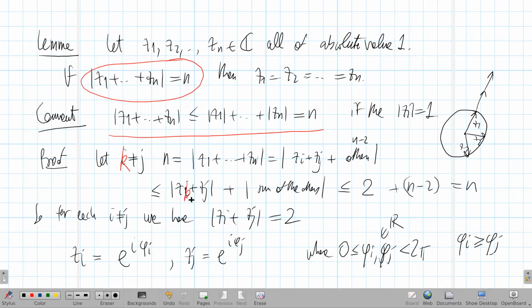The reason being, of course, that the i is taken by the imaginary unit, and otherwise it's confusing. Let's say that phi j is greater than or equal to phi k.